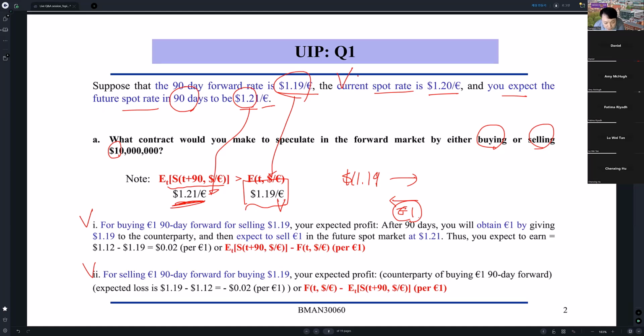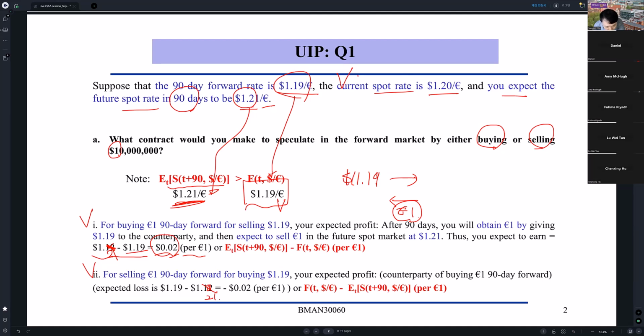You are confident about your forecast. So your profit is going to be 1.21 minus 1.19, right? So plus 0.02. This is also 1.21, a typo. So by buying €1, you will get profit. You expect to get this profit per every €1 forward purchase.